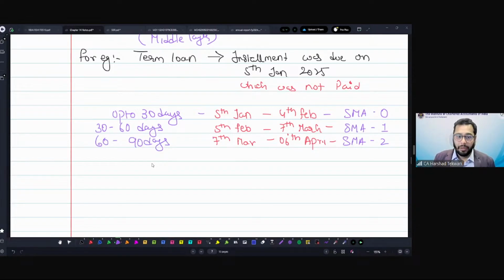Beyond 6th April, it is NPA. So after this date, it will be classified as an NPA.